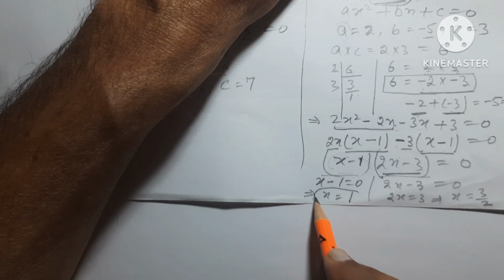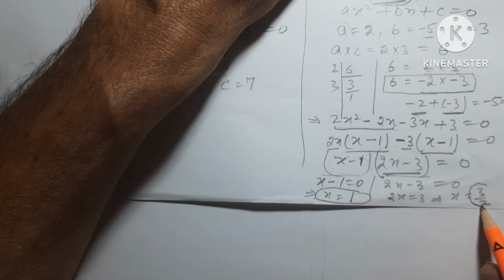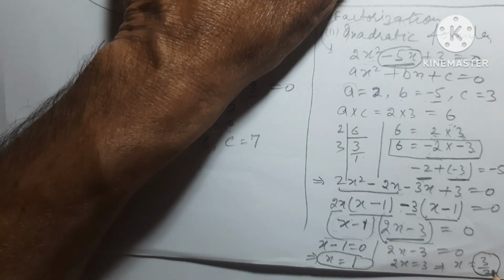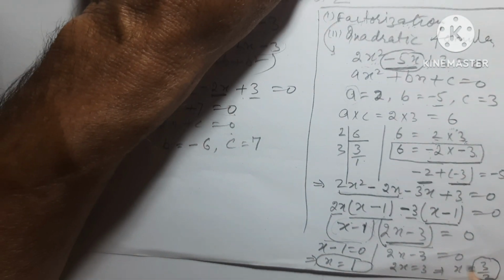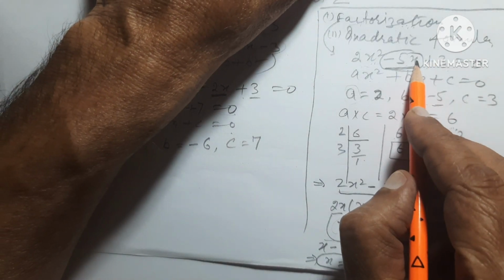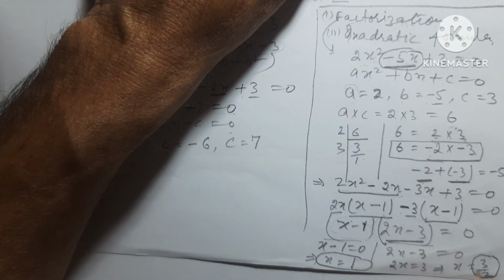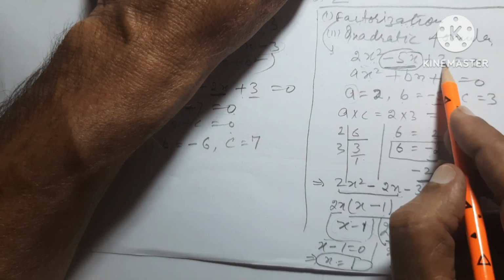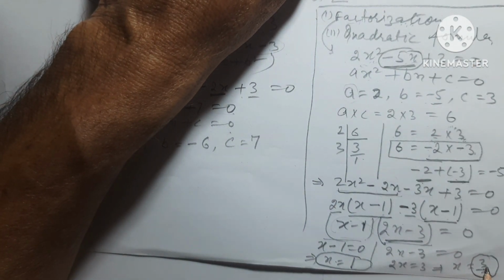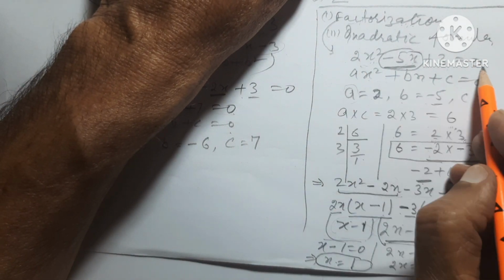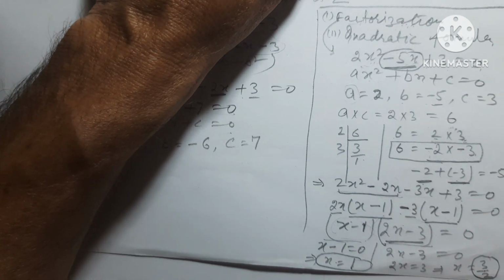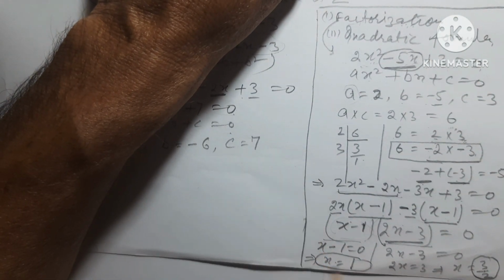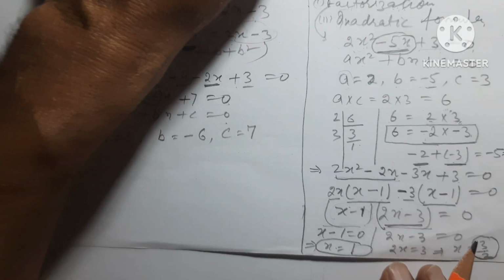So x is equal to 1 and x is equal to 3 by 2. These are the two roots, the two values of x, the two solutions of this quadratic equation. One and the same thing. So this is how to find the solution.